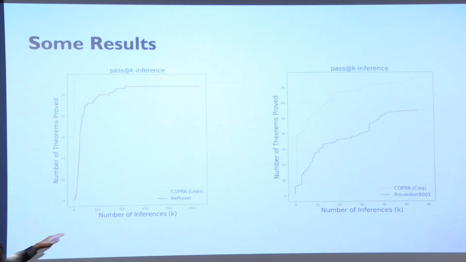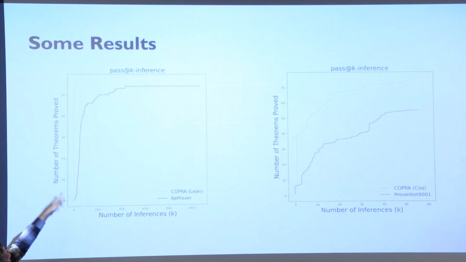So maybe this is a good example. On the x-axis, you have the number of queries that you're making to the LLM. And on the y-axis, you have the number of proofs that you're doing. Since we were using GPT-4, we were only able to use a limited number of queries. I already paid OpenAI more than $2,000 for this paper, but I couldn't pay any more.